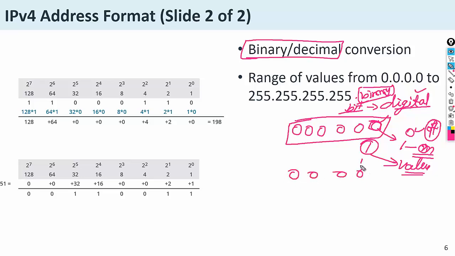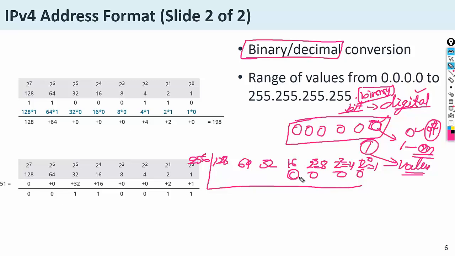The first is 2 to the power 0, which is 1, 2 to the power 2 is 4, 2 to the power 3 is 8, then 16, 32, 64, 128. But one octet has 8 values, and I counted only 7.